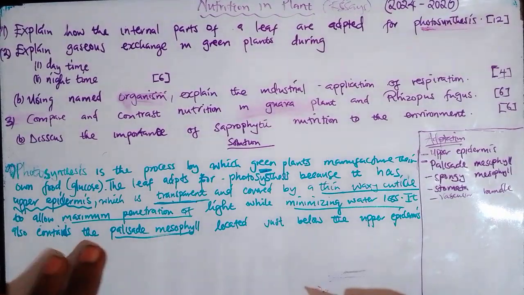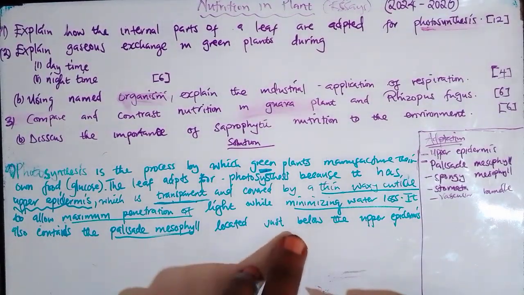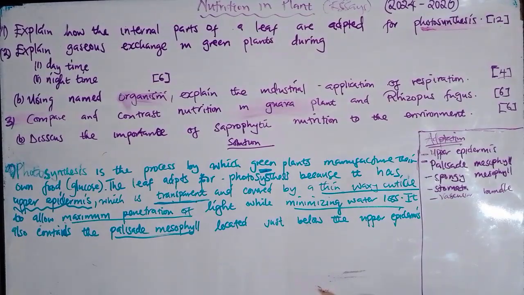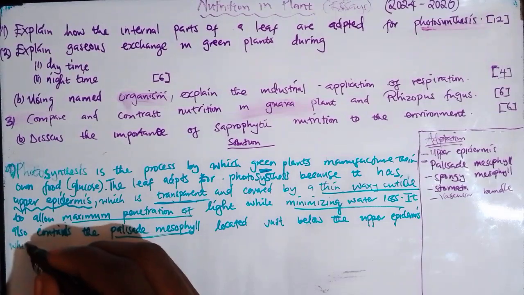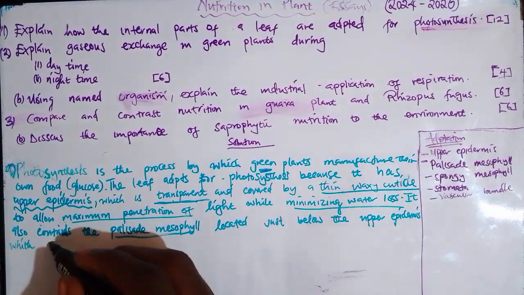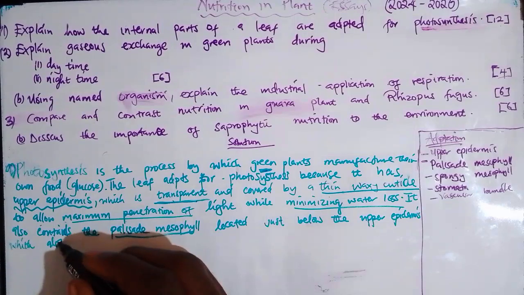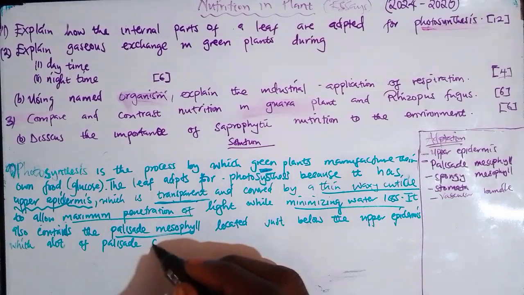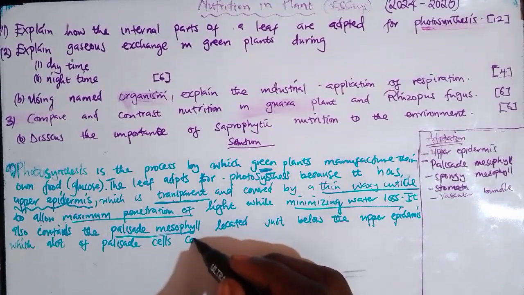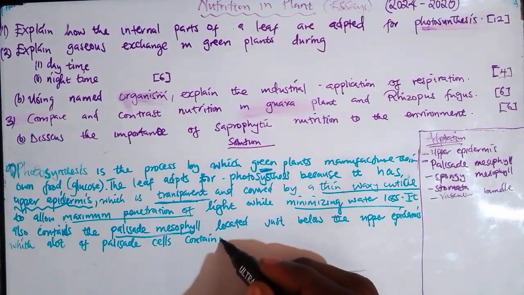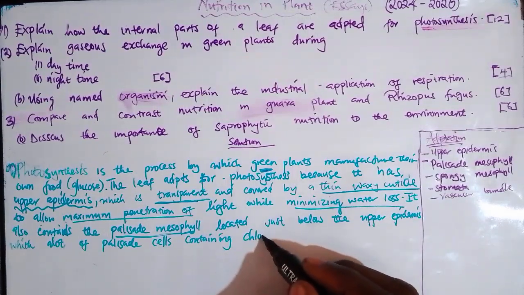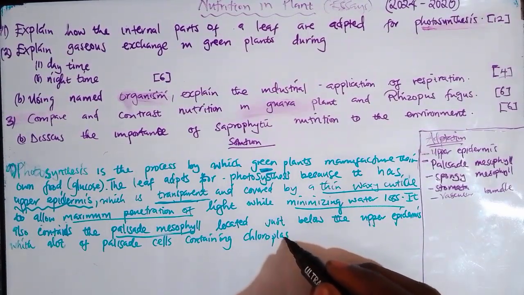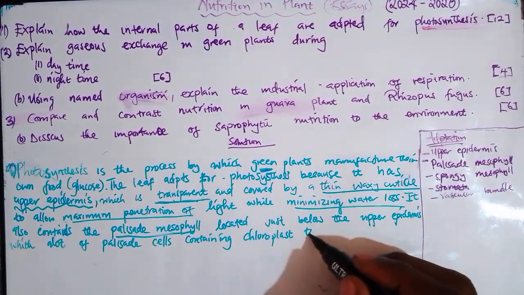So it also contains the palisade mesophyll located just below the upper epidermis with a lot of palisade cells containing chloroplasts to maximize what?